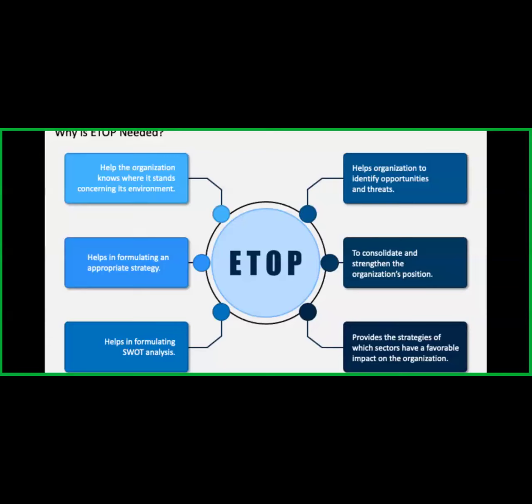That is, what opportunities are available to us and what threats are available to us. Every factor plays a very important role. Take all four factors; economic factors, for example, play a very important role in the growth of the organization.